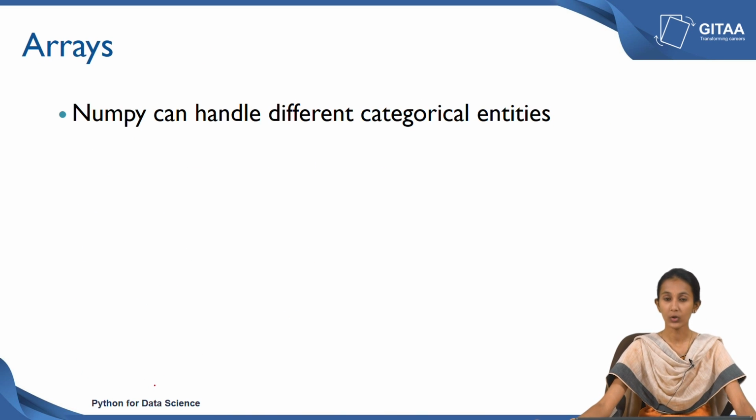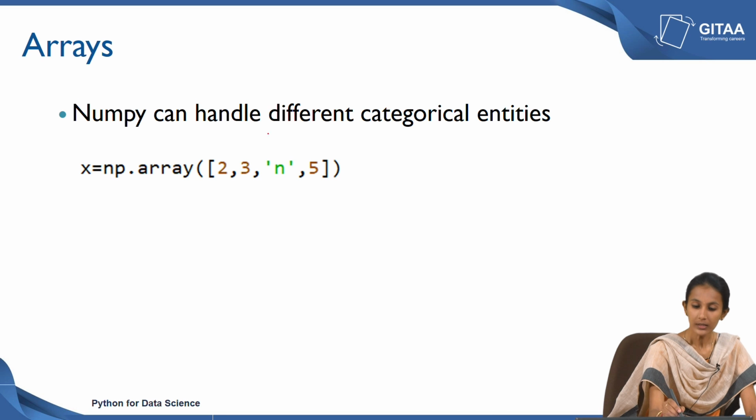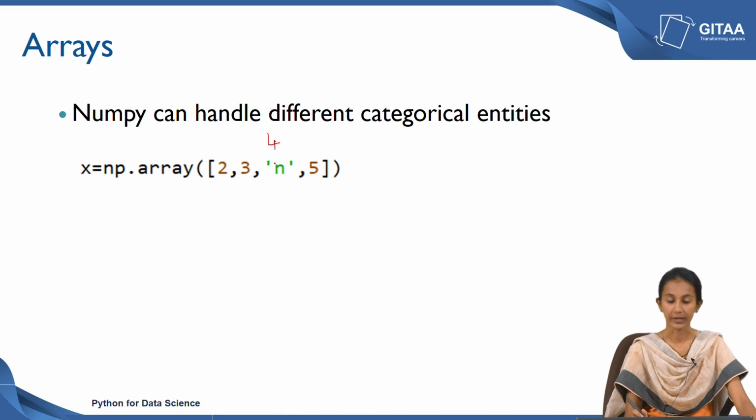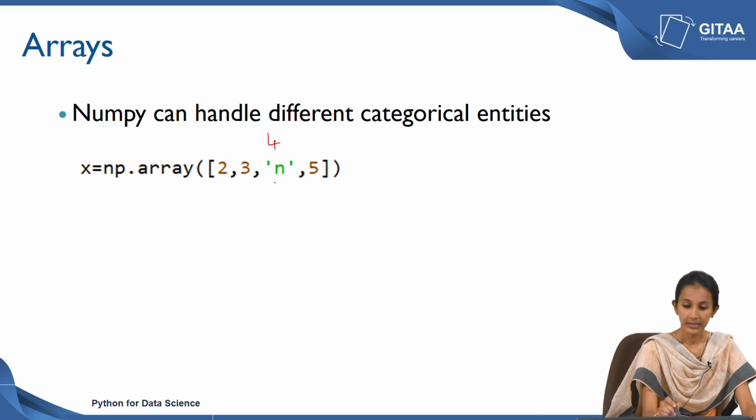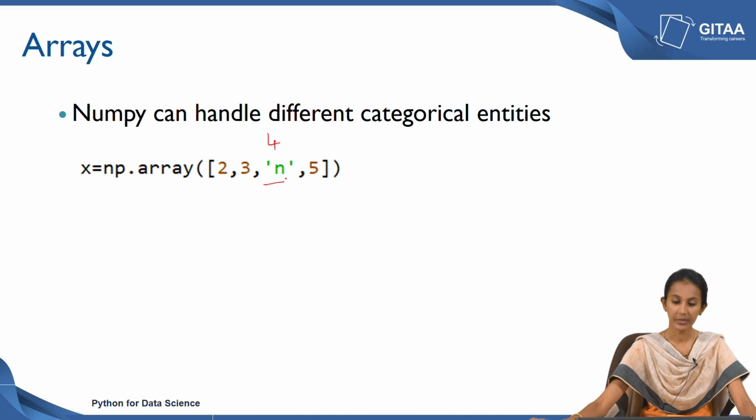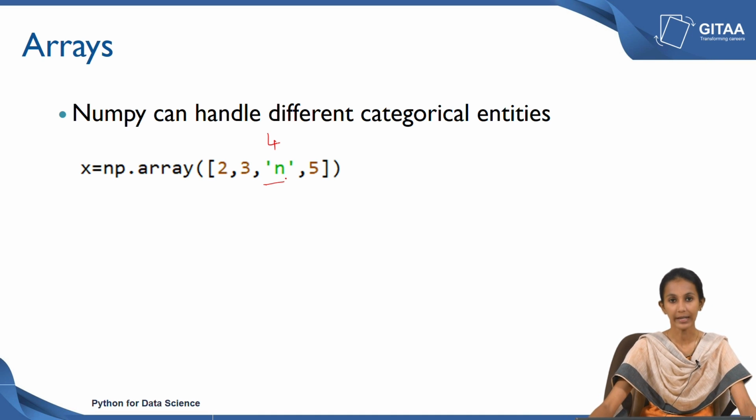NumPy can also handle different categorical entities as well. We will take a small example. Earlier we had 2, 3, 4 and 5. Now, I am replacing 4 with n, which I am giving inside single quotes. It is an array now, and I am storing it again in the variable called x.